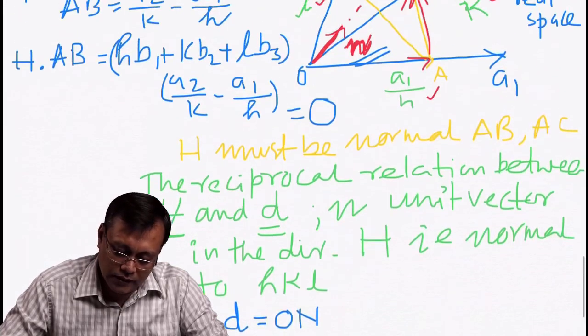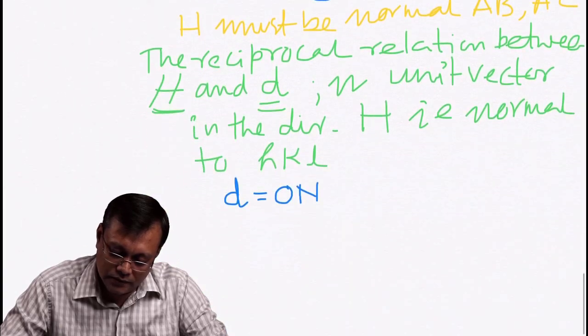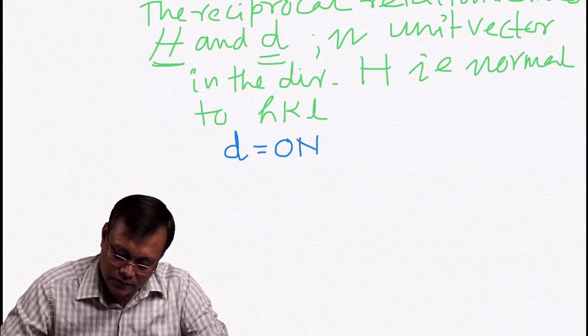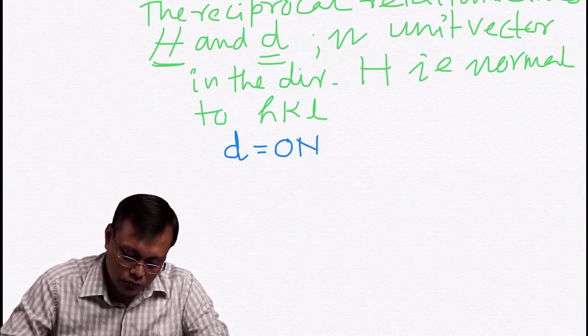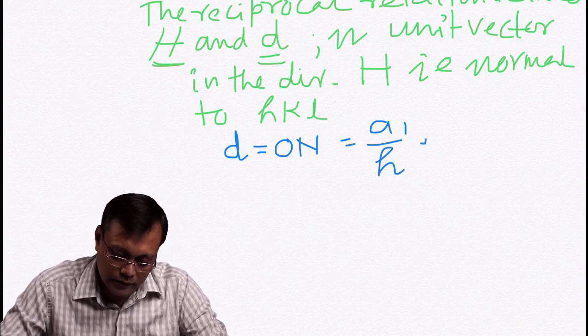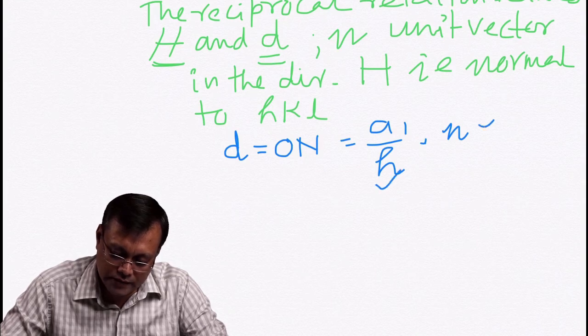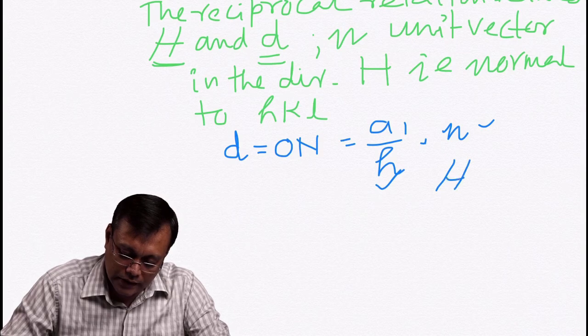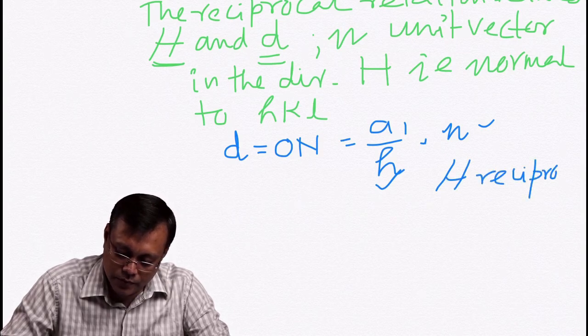So D, that is the interplanar spacing, is ON, which is equal to A1 by H, that vector we already understood, multiplied by small n. This is not H. H is here. And here the italics H is basically in the reciprocal space.